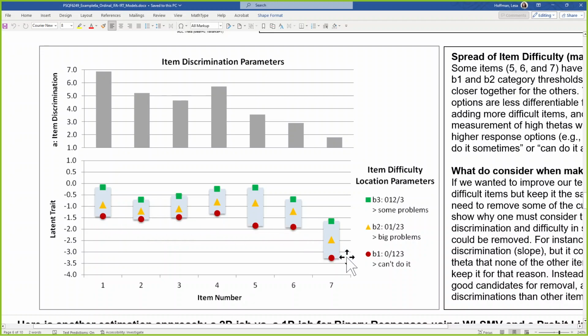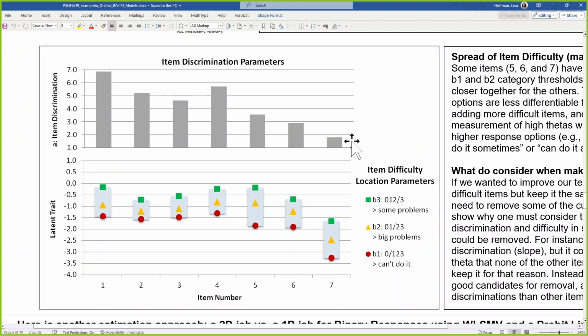That's not true for all of the items, but it looks like it's true for the majority of them. So I would probably indicate this as meaning that these distinctions are too subtle and we might get away with fewer. You could also potentially expand the range of difficulty that is covered by adding something above the highest option of can do it, like can do it all the time, do it every day, that kind of thing.